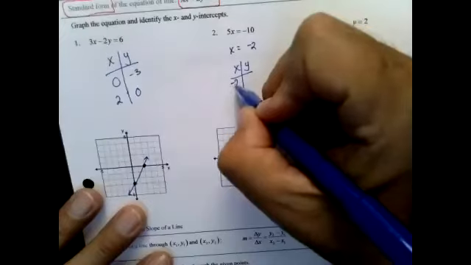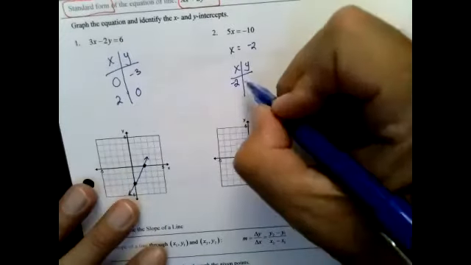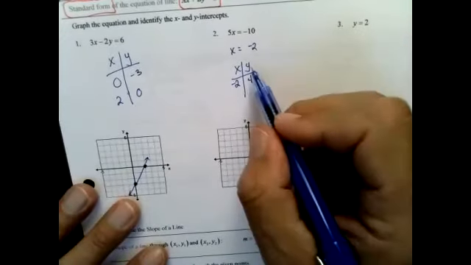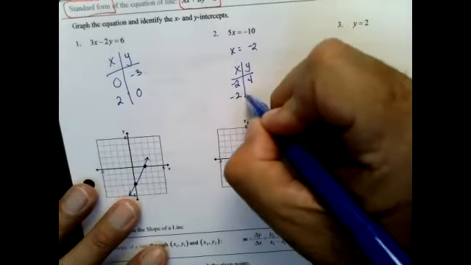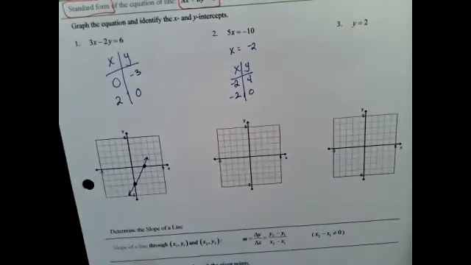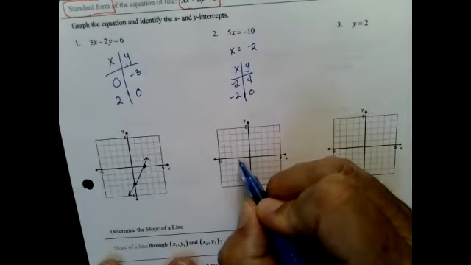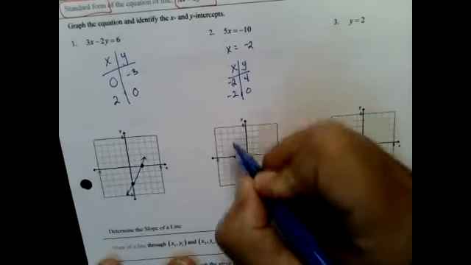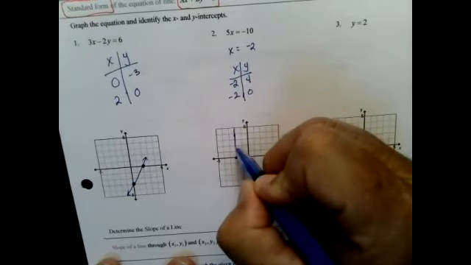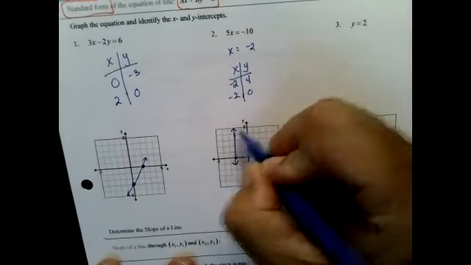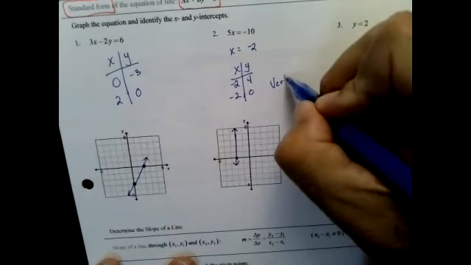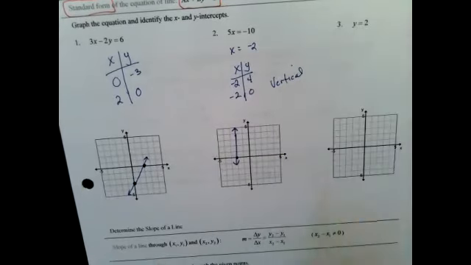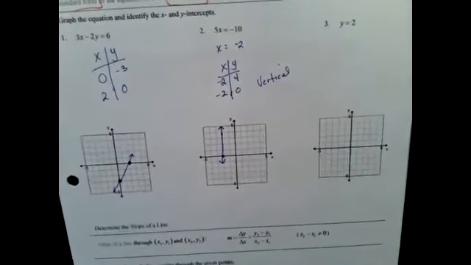So x is -2, which means y is, I don't know, 4. But again, I still know x has to be -2. Y could be 0. It's still a true statement. And I could keep going on and on. X is -2, 0. X is -2, 4. And all of a sudden I get this vertical line.